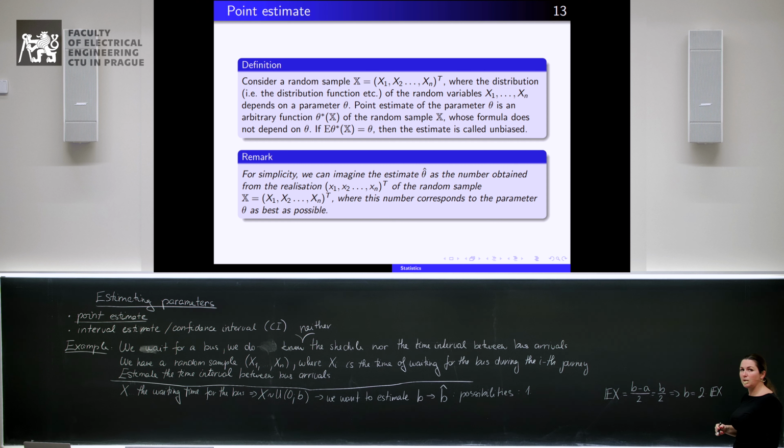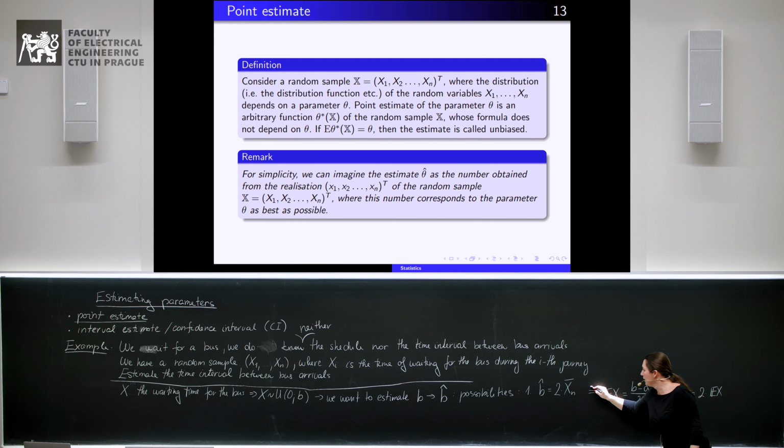And it leads to the idea that the estimate of b can be 2 times the estimate of the expected value. And the expected value is estimated as the average. So in general, in theory, 2 times the sample mean.